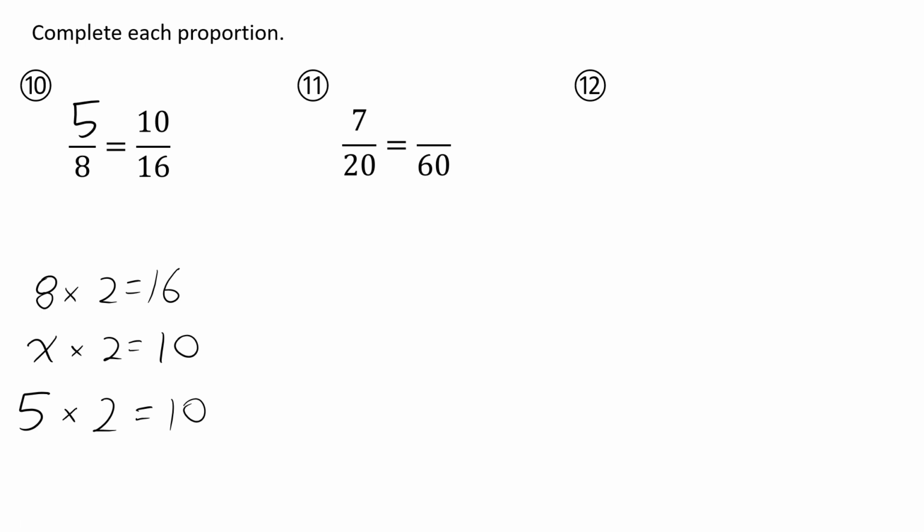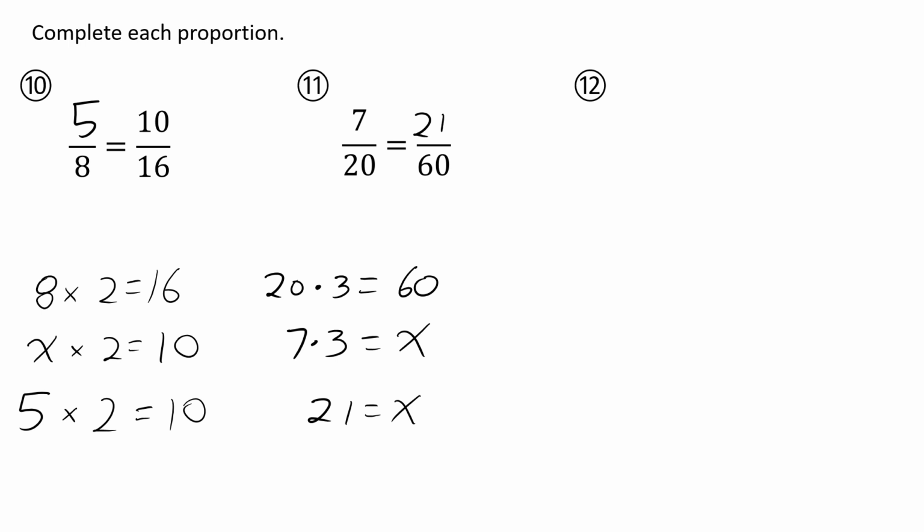And we call this a proportion because we got fraction equals fraction. Well, the denominator, I do 20 times 3, that gets me 60. Notice I'm using that dot for multiplication now. So in the numerator, well, 7 times 3 makes mystery number x. Well, 7 times 3 is 21.